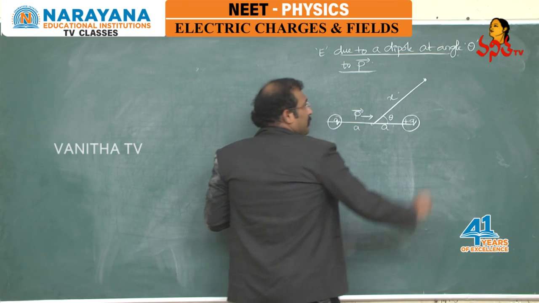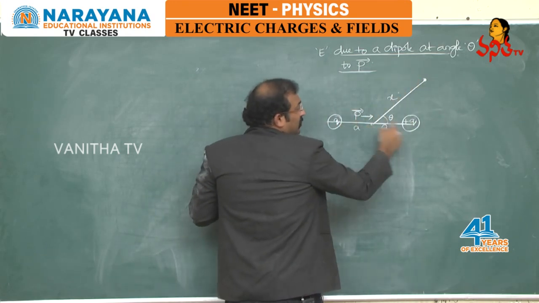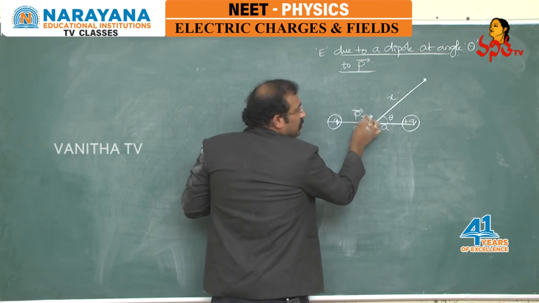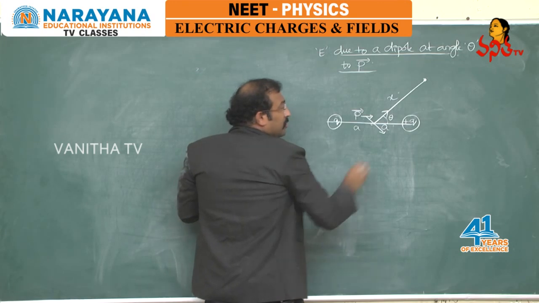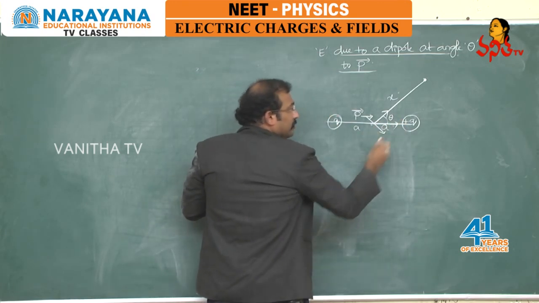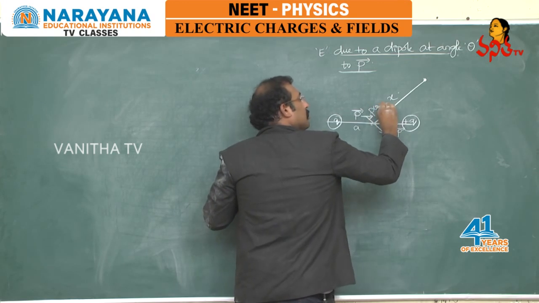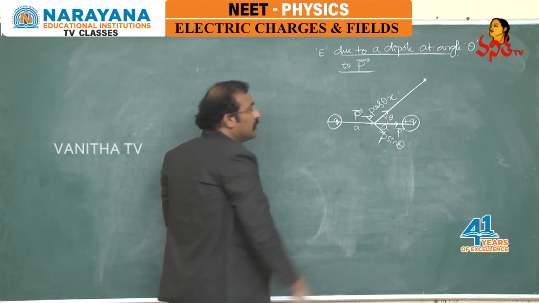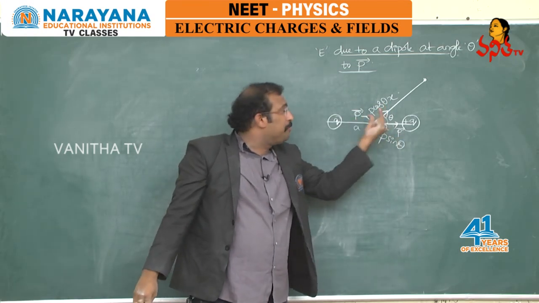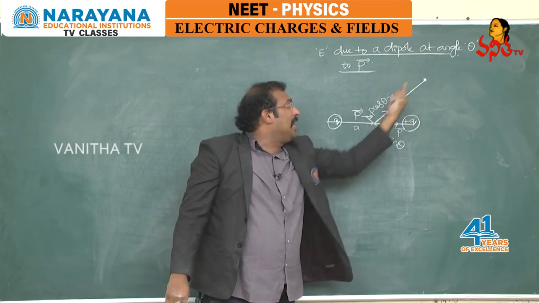Now at this point, this dipole moment is divided into 2 parts, one like this and one like this. This is p bar, which has components p cos theta and p sin theta. For a dipole moment of p cos theta, this point is on the axial line.